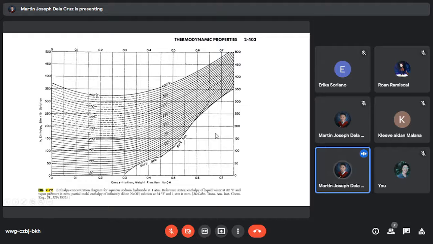So, it's figure 2-29 class. I think it's 2-446 ata. Page 2-446. Mga ganun. Malapit lang siya sa thermodynamic properties of water. So, try nyo munang hanapin class. 2-446 ata. Try natin.